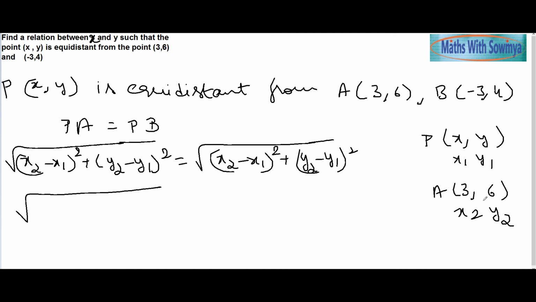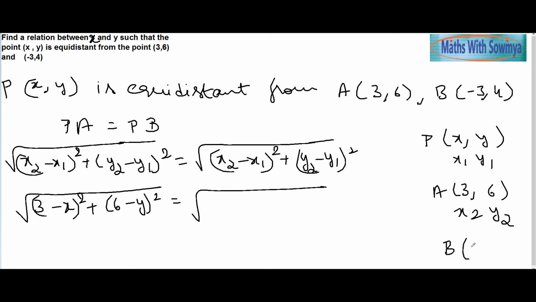So (3 minus x) whole square plus (6 minus y) whole square. For the second one, we take the value of B as (x2, y2), so (minus 3 minus x) whole square plus (4 minus y) whole square.